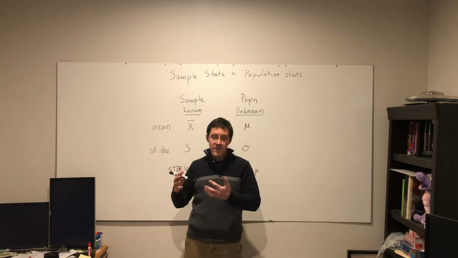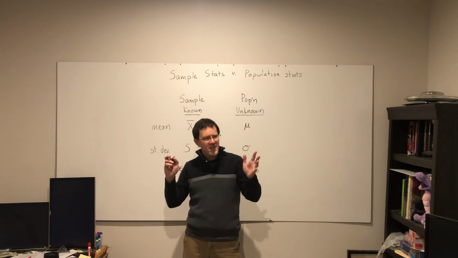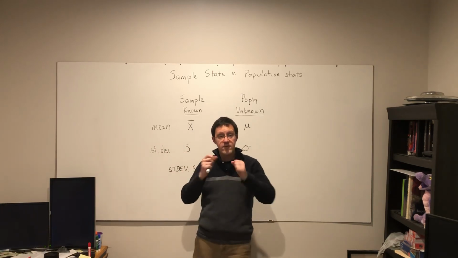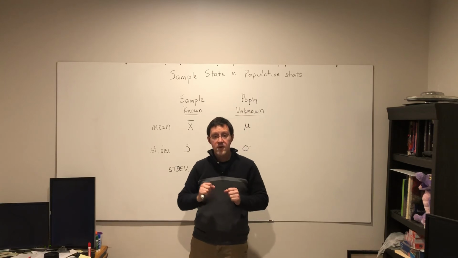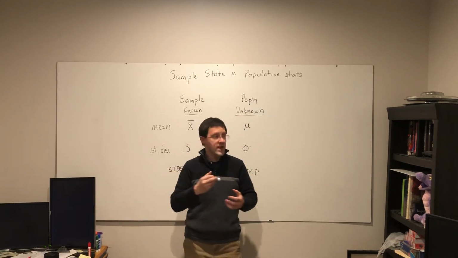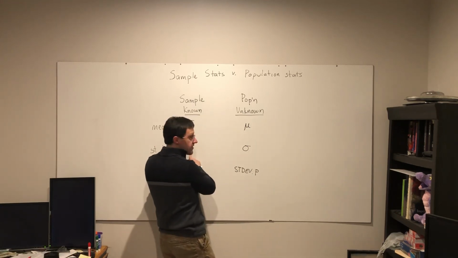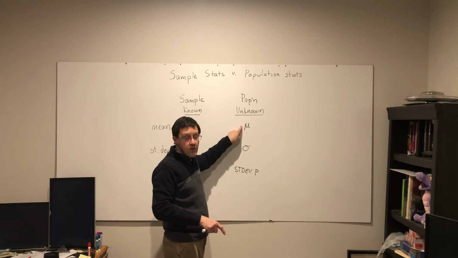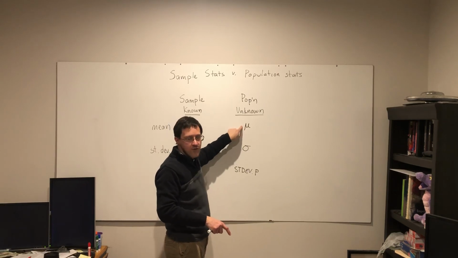So the next video will show that process, something called the central limit theorem, of how we can relate these known values to this unknown value, but that's really what we want to figure out.